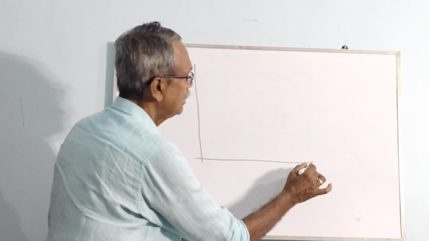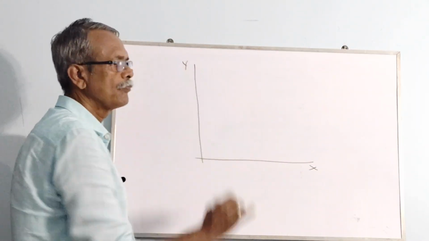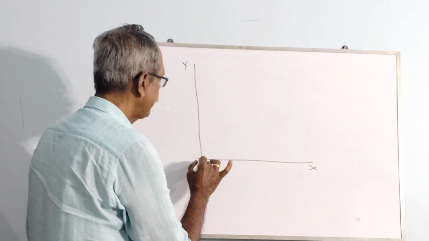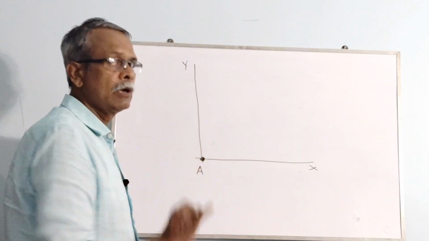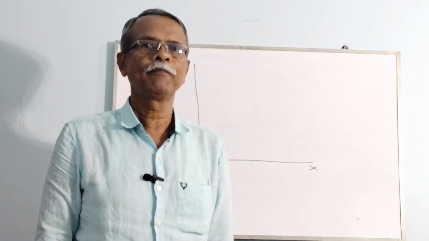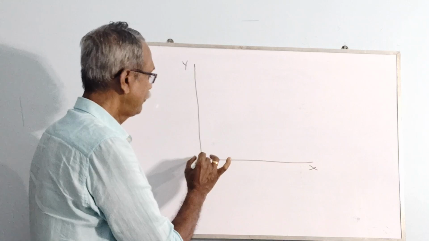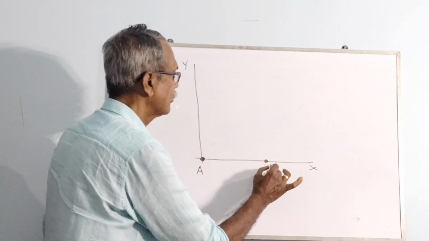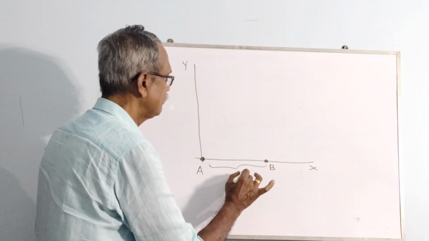This is the x-axis, this is the y-axis, and imagine that the particle starts from the origin. This is A. Particle starts from the origin, and this particle moves from point A to point B. Let this distance be 5 meters.